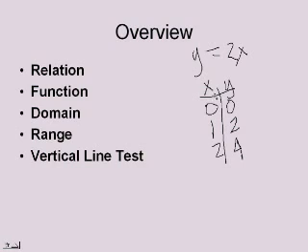Now, does that mean that for this relation, maybe function, the domain is only 0, 1, and 2? Are you saying there's other x's that could be in here? What x's could you plug in? So 4, 5, 6, 7, can I plug in -1?